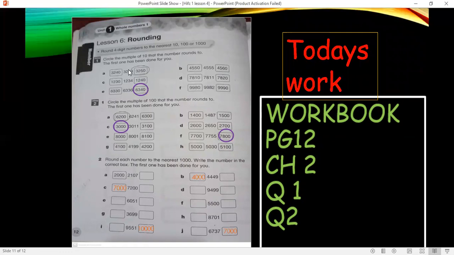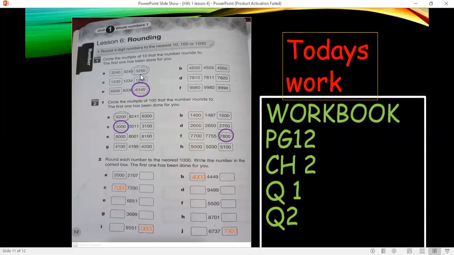3,249. Two numbers are given. As we have to round this to tens, underline the number on the tens place, that is 4. The right side digit will be circled, that is 9. This 9 is greater than 5, so it will give an extra 1 that will be added to this 4. So it will become 3,250. So it will be rounded up.